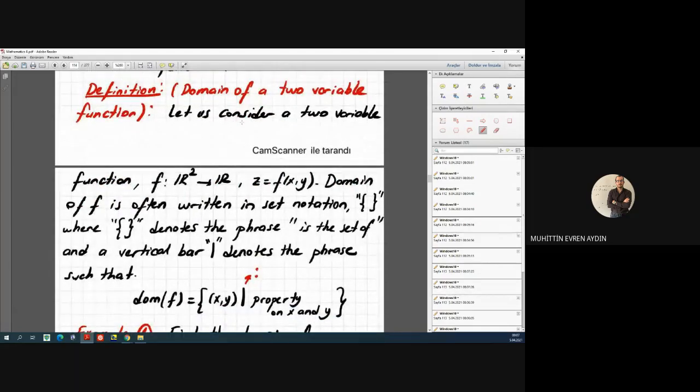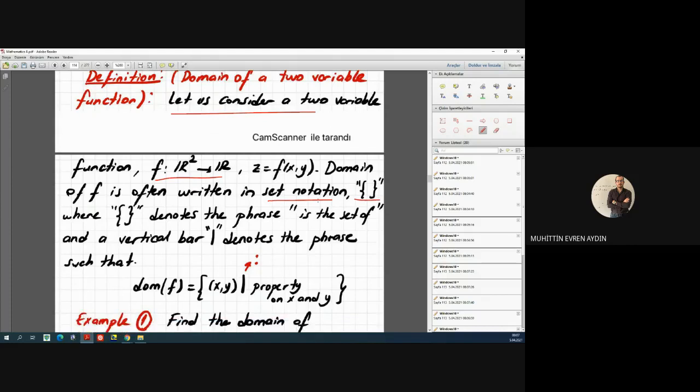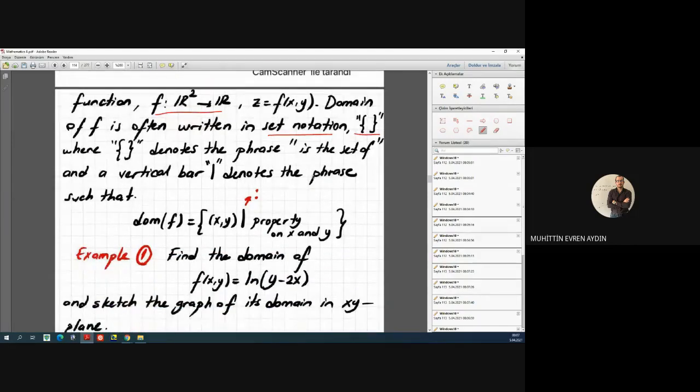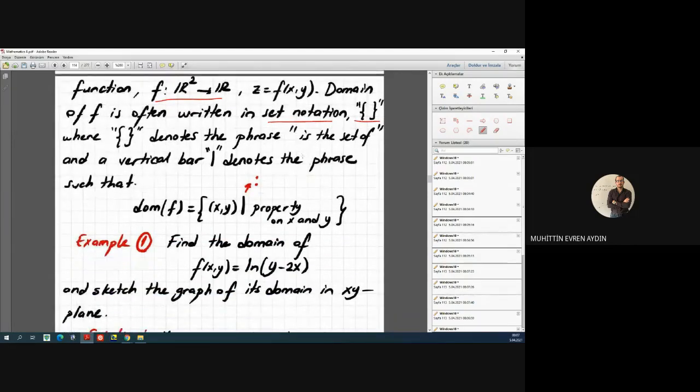Let's define it formally. Let's consider a two-variable function f, and the domain of f is written in set notation. This notation denotes the phrase "the set of," and a vertical bar denotes the phrase "such that."